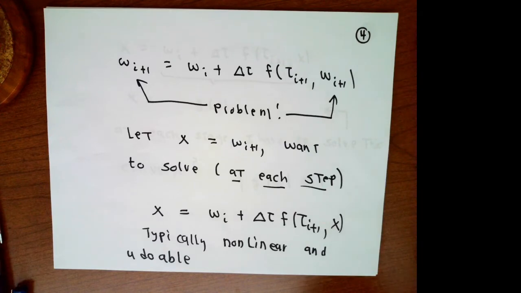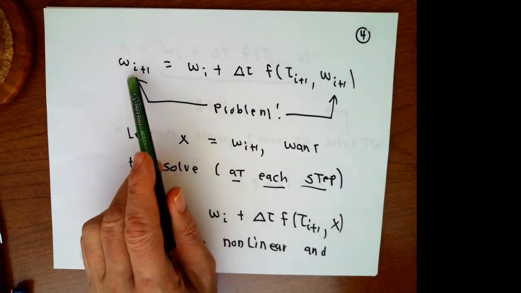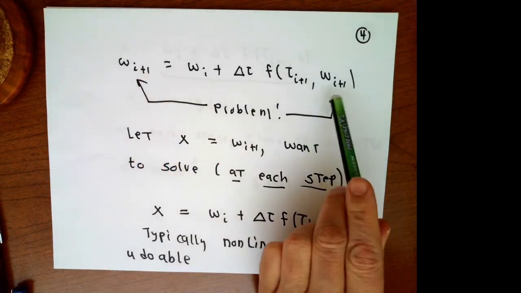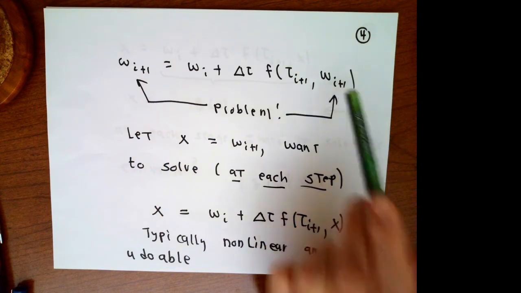If we carry out that integration, we get a very simple looking result, but the problem is that in order to calculate this quantity, we need to know that quantity.